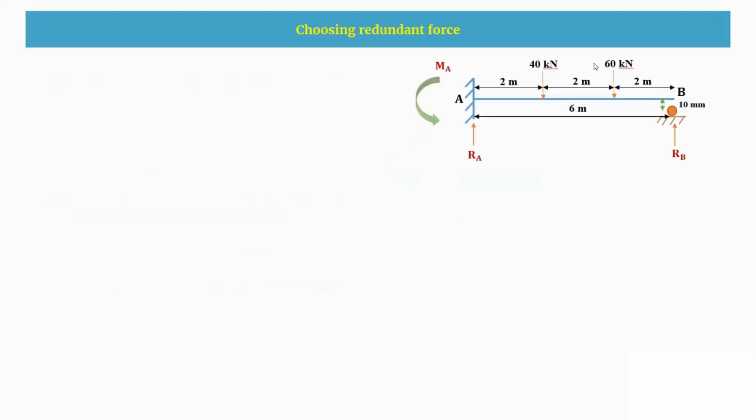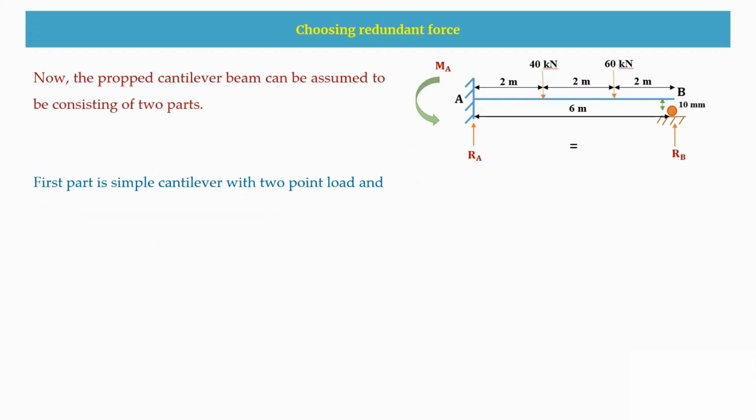Now we are going to choose a redundant force. This is the beam that has been given to us, an indeterminate beam which is having 1 degree. To solve that, we make this indeterminate beam divided into 2 parts. One part is a simple cantilever beam with the 2 point loads.